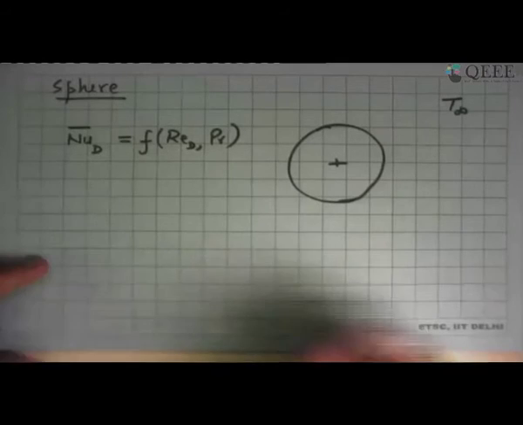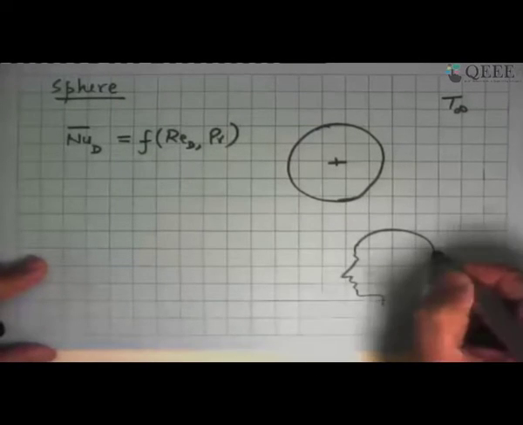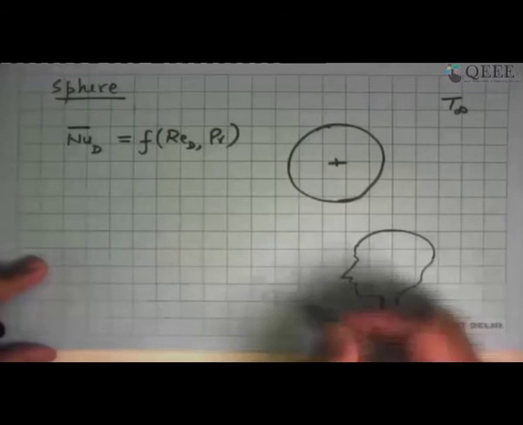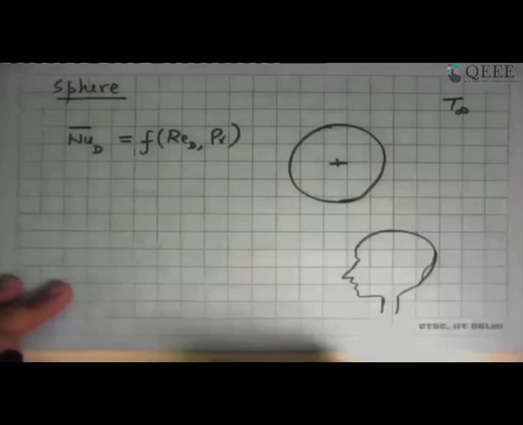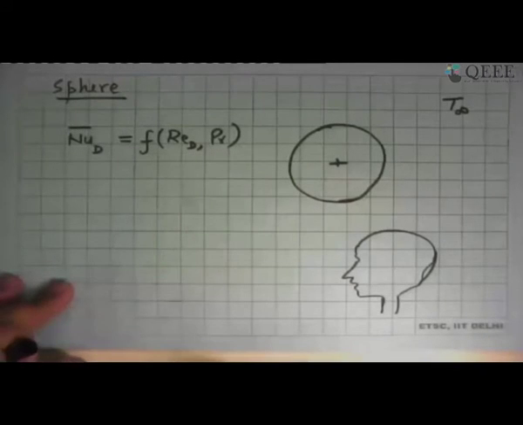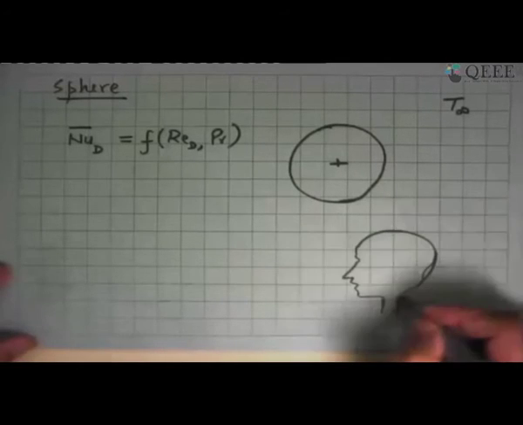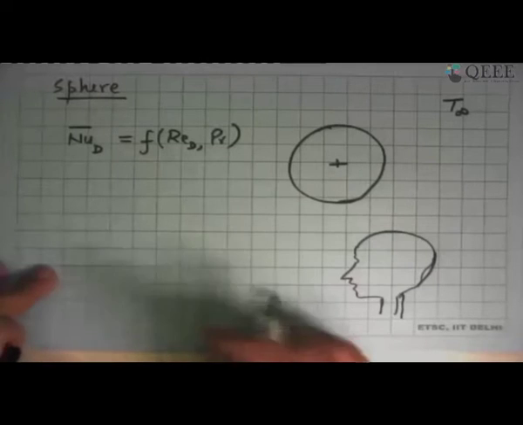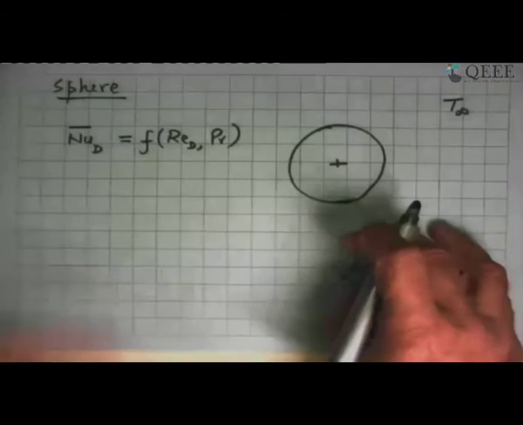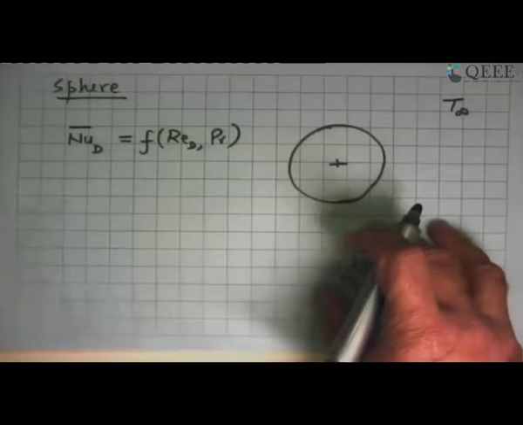For example, if you want to calculate the heat transfer from the head of a person, and we remember that heat transfer from the head is very, very critical for maintaining a healthy condition, whether it is a heat wave or extreme cold. The head loses a disproportionately large part of heat compared to the rest of the body.